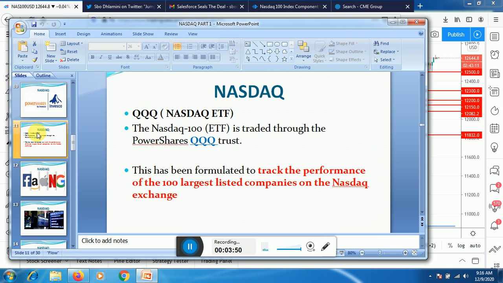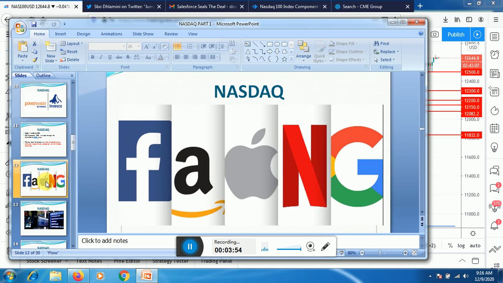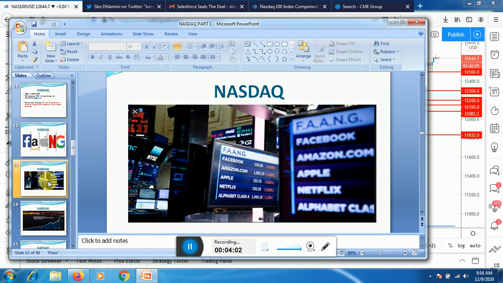There's another one that was introduced early this year, which is called the FANG Index. Basically we are talking about Facebook, Amazon, Apple, Netflix, and Google here.